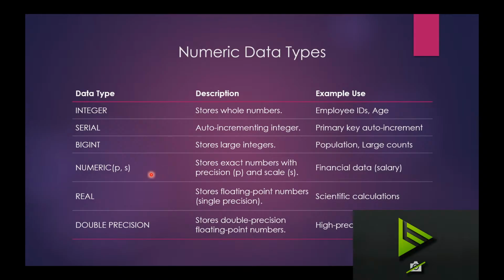NUMERIC(P,S) stores exact numbers with precision, where P is precision and S is scale, for financial data like salary. Suppose you are earning a six-digit salary, like 6 lakh 50,000, then it must have some decimal, which we saw yesterday, if you remember. REAL stores floating point numbers like 1.2, 1.3. DOUBLE PRECISION stores high-precision floating point numbers. So these are the numeric data types.